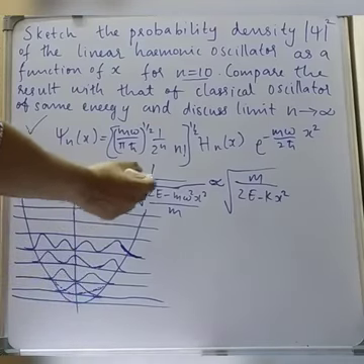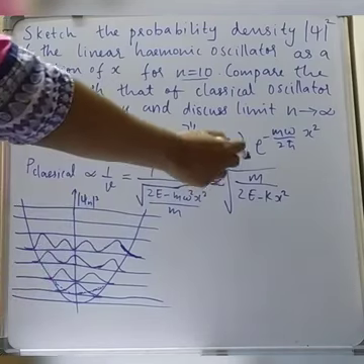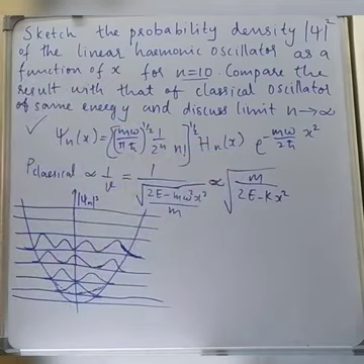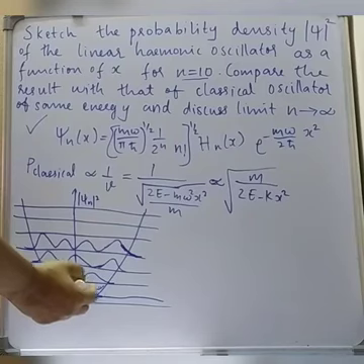Classical probability is inversely proportional to the velocity, and it is proportional to square root of m by 2 e minus k x square. So this is just the reverse of the quantum probability.